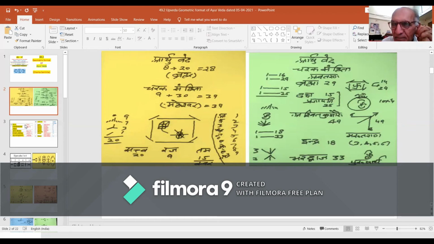The formulation Brahma is of TC value 29. Formulation Daksh Prajapati is of value 15 plus 25. Formulation Ashwin Kumaro is of TC value 49. Formulation Indra is of TC value 18. And formulation Bhardwaj is of value 33.